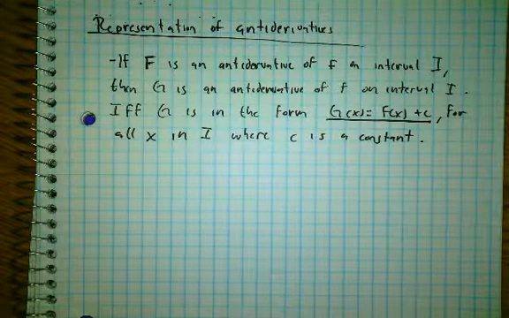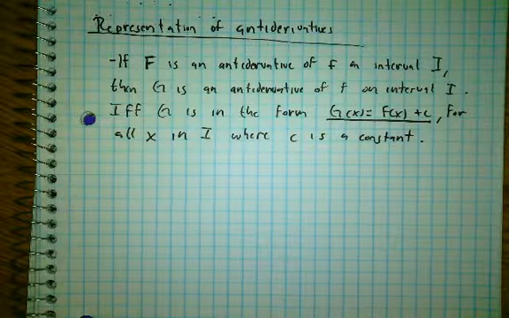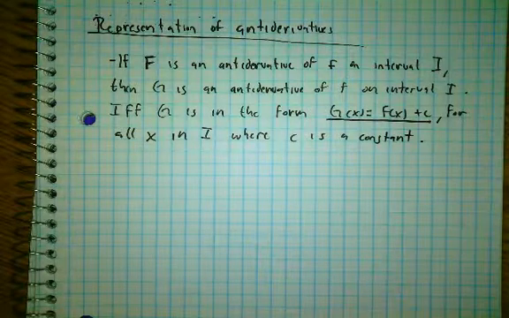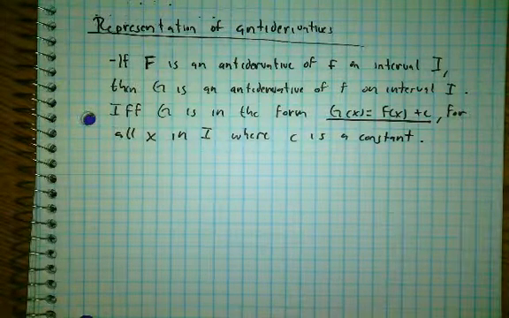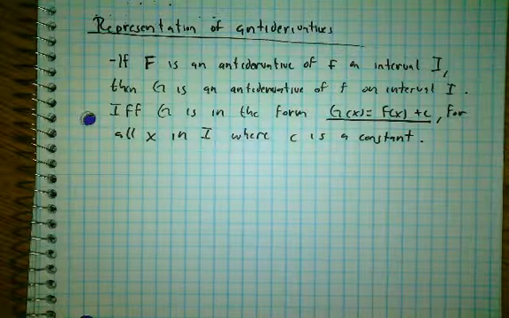basically what this is telling you is that when you differentiate, remember how sometimes you have a constant, and when you differentiate, it goes away because the derivative of a constant is 0. Well, when you integrate, how would you know what that constant is?